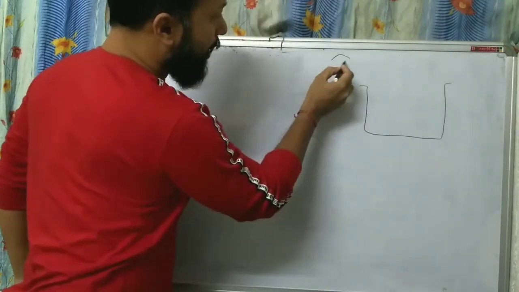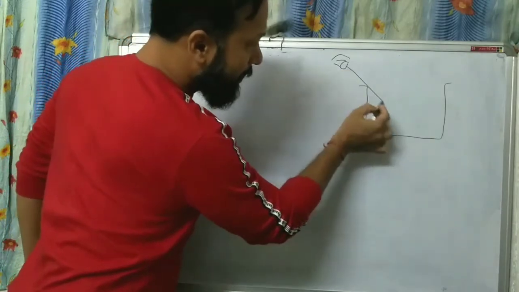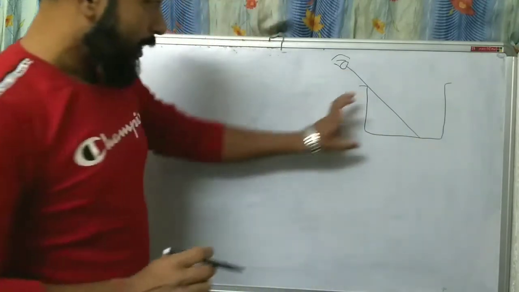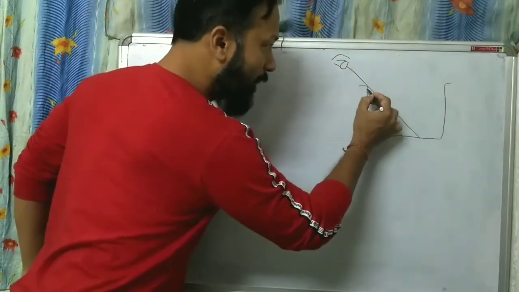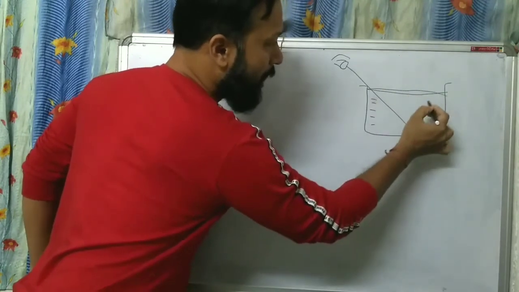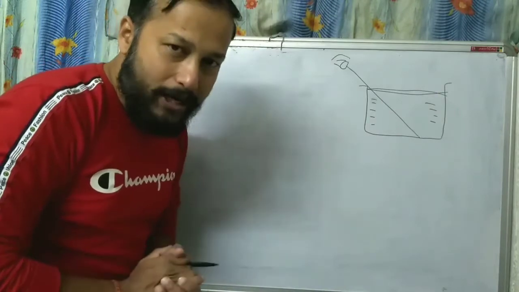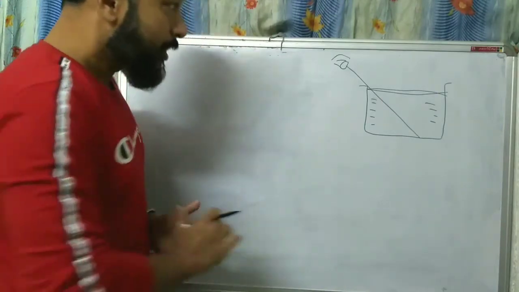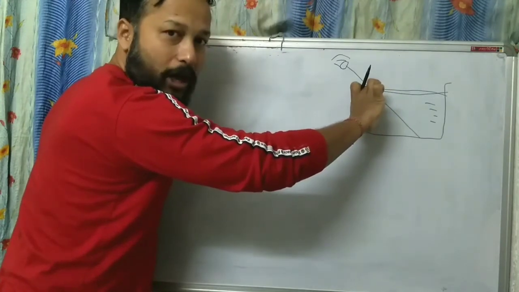So when you are seeing the vessel, you are saying this is the actual depth. But when I fill the vessel with liquid, say water, you will observe that the actual depth of this vessel is reduced now.